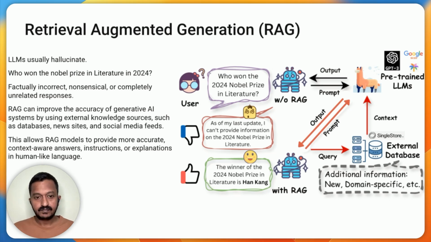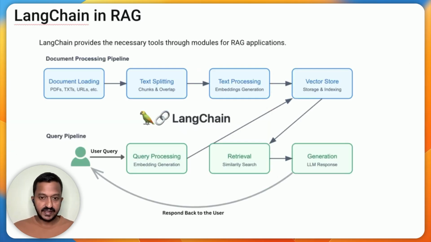Okay. So how does LangChain help in RAG? At different stages, LangChain provides the necessary tools in the RAG approach for a RAG application. As you can see, the first line above, right? The document processing pipeline. You have a document, it gets split, and then vector embeddings are created, and all these vector embeddings are stored in a vector store.